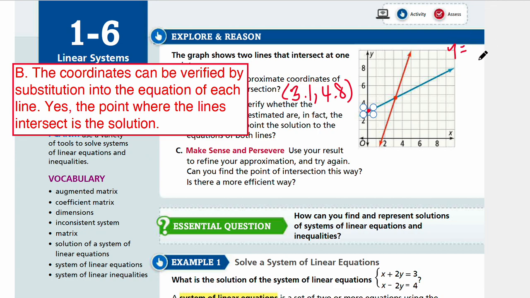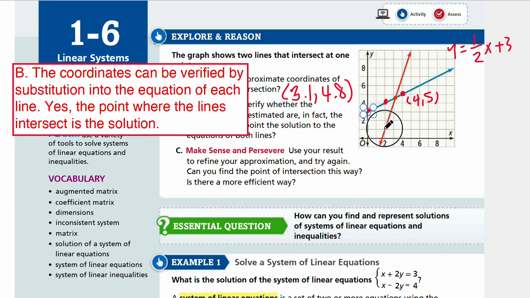So we can say something x plus 3. And then looking at another exact point here, from 0, 3 we go to 4, 5, right? So we're going up 1 over 2. So 1 over 2 x plus 3 would be our blue line.